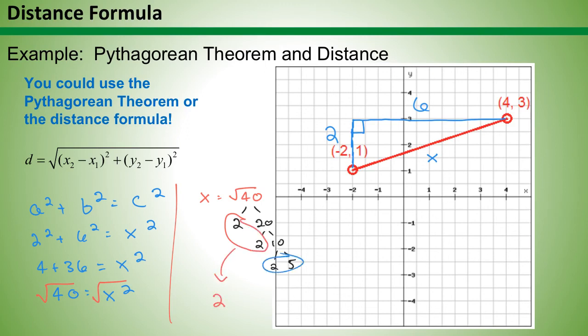These 2 do not, so we're gonna have a 10 on the inside. So that would be my simplest radical form, okay? If I was asked for my answer as a decimal, it would be about 6.3. Okay, so again, radical form and decimal form, okay?